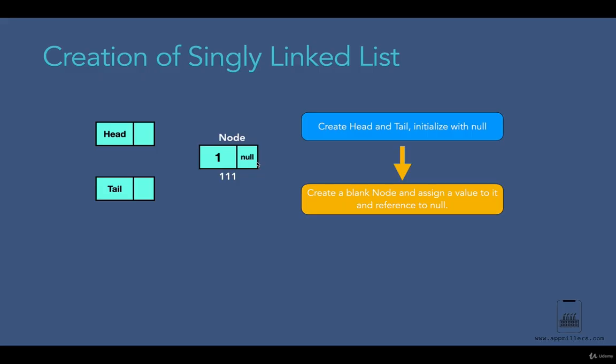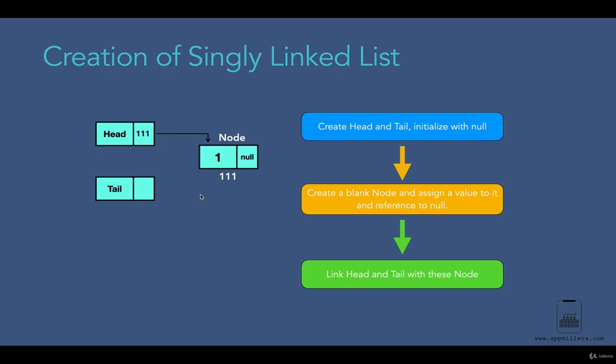Then we are going to continue to the next step. In the next step we are going to reference head to this node and tail to this node. Because in this case we have only one node in our linked list, updating the reference of head to 111 is going to reference this node. As you see, when we update it, the reference of head is changed, so now it's referencing this node.